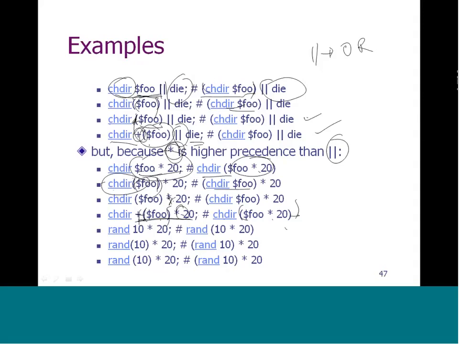So it generates a random number between 0 and 200 here, and that's how this is taken. Whereas if you say rand 10 in parenthesis times 20, then it generates a random number between 0 and 10, and then it multiplies by 20.